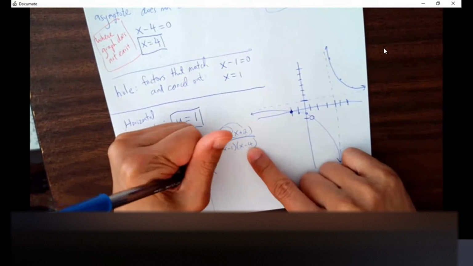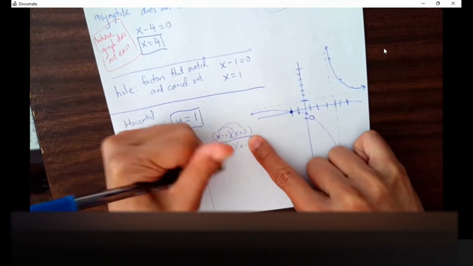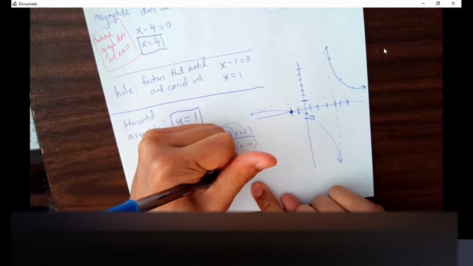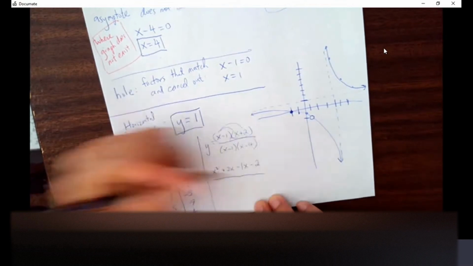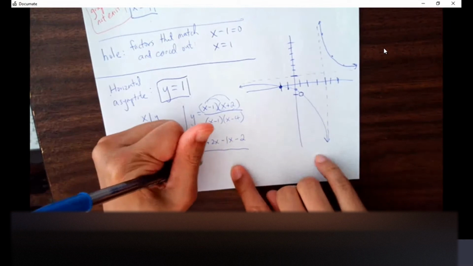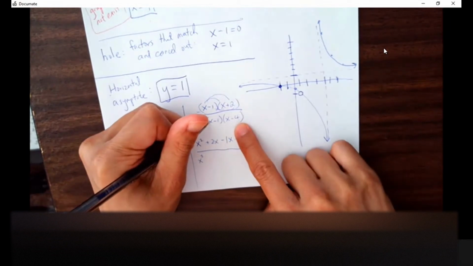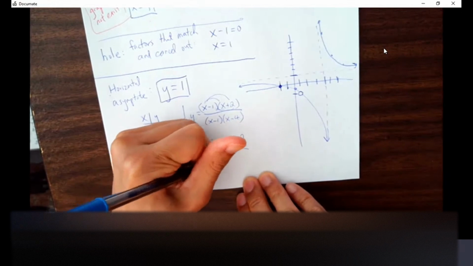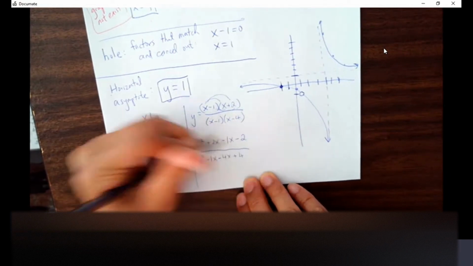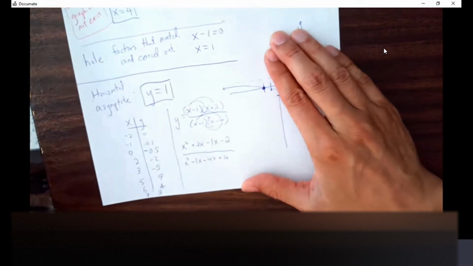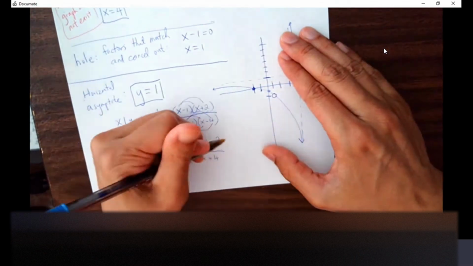So this is x squared plus 2x minus 1x minus 2. And if I FOIL the denominator out, I get x squared minus 1x minus 4x plus 4. I'm just distributing this through, multiplying all the different parts.